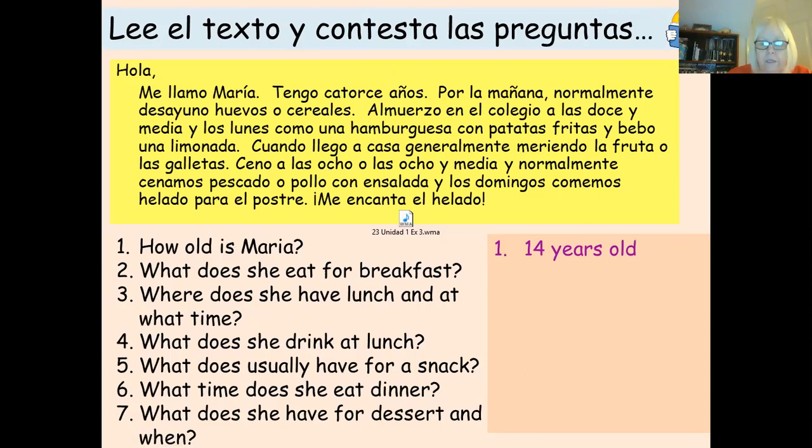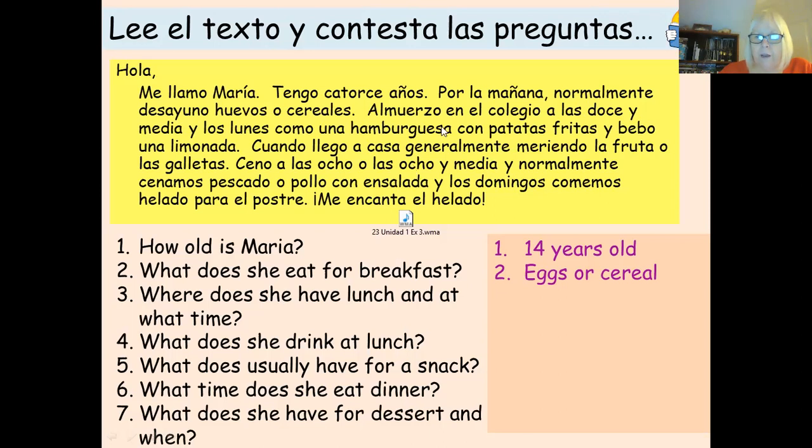I have for breakfast, desayuno. So we've got, after normalmente, desayuno, huevos o cereales. Now huevos, you should have written down as a new piece of vocabulary because I didn't highlight that yesterday for you, but it is in fact eggs or cereal. So huevos o cereales.